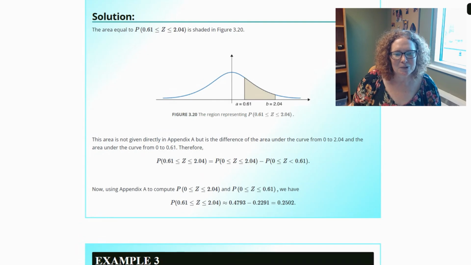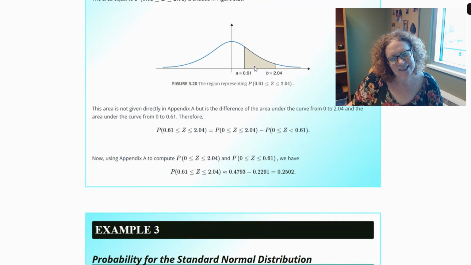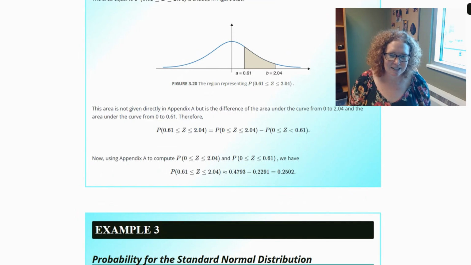So we would go to our handy dandy chart again. We want to look up the figures for 2.04 and 0.61, and we want the area in the middle, in that shaded area. So we're going to subtract the numbers that we find.